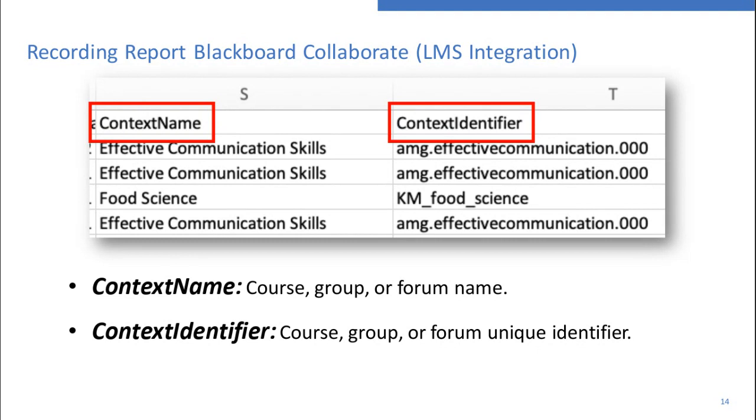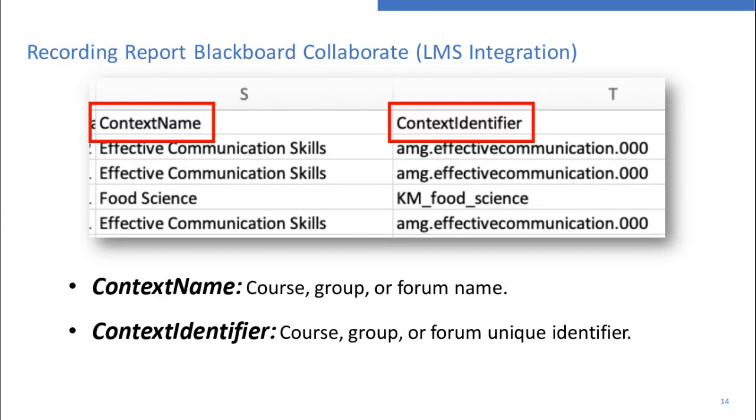If you're using a different LMS and you're integrating Collaborate with it, the information in these columns may be called something different, but you still have the opportunity to track the source course for the recordings if your LMS allows these fields to be populated. So check if your LMS is leveraging these particular data.